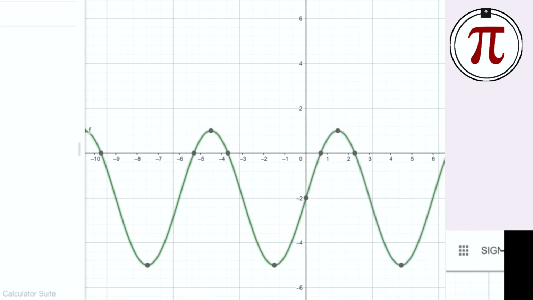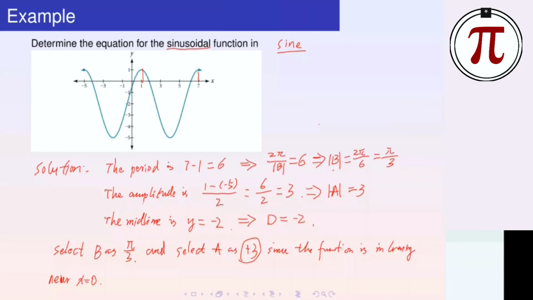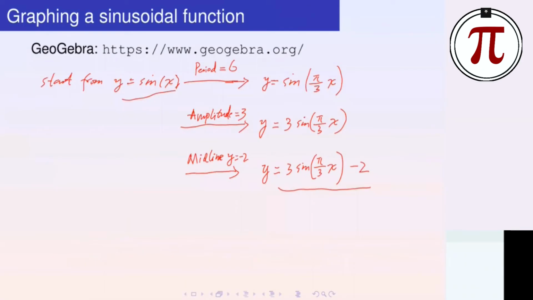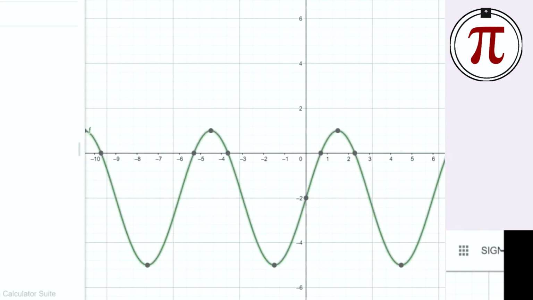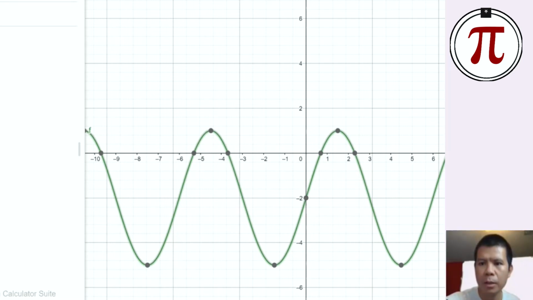All right, so now this is my function f(x), the function shown in GeoGebra. Do we have any problems with this one? It needs to shift to the left, to the negative side. It needs to shift by how much?